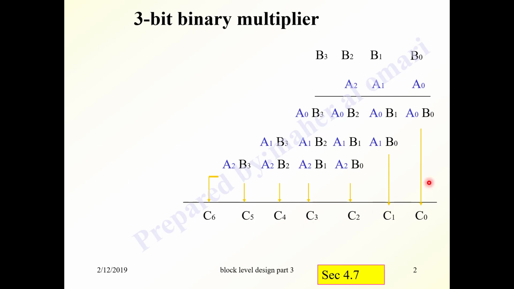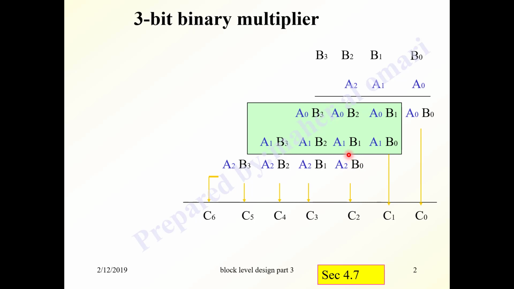Okay, how do we get C0? It's an AND gate that has 2 inputs, A0 and B0. But now, notice this. I can make the addition here between these 3 bits and a 0, or 4 bits. I can use a 4-bit parallel adder, the output of which is C1, which is the second bit in the output.